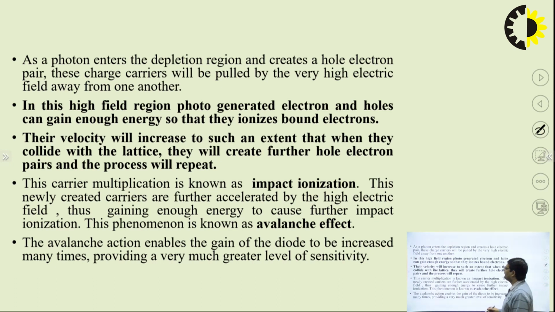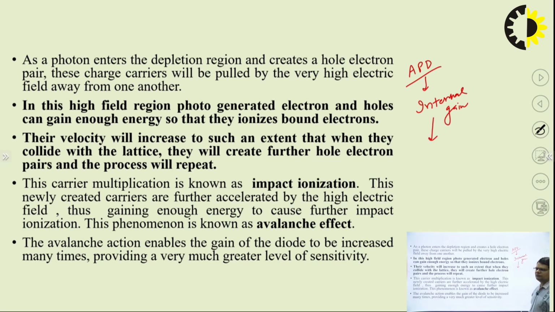In the case of APD, what we get is internal gain. This internal gain is achieved with the help of additional photocarriers.